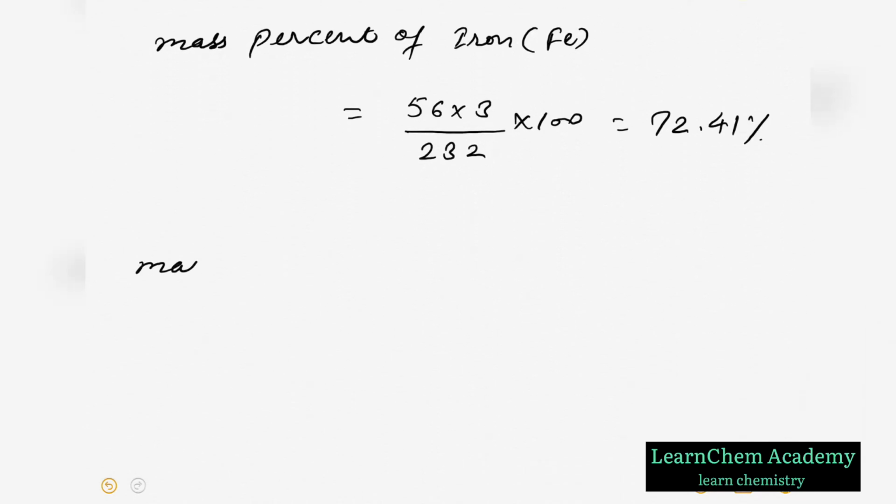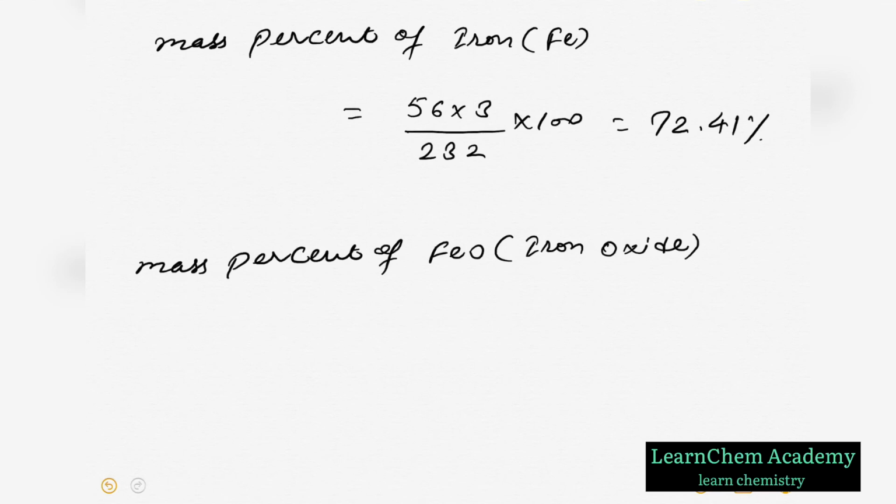If we want to calculate the mass percent of FeO, iron oxide, the weight of iron oxide is 72, divided by 232, multiplied by 100, so we get 31.03% iron oxide present in this compound.